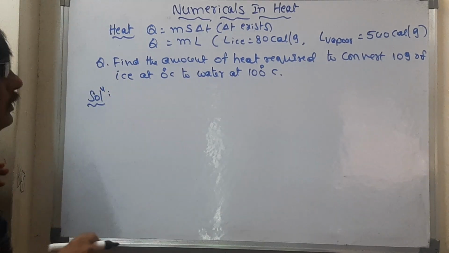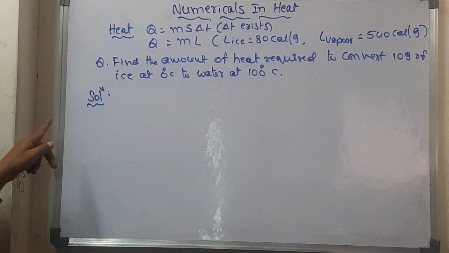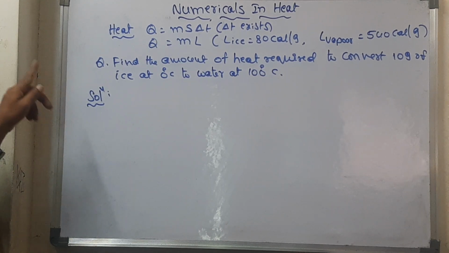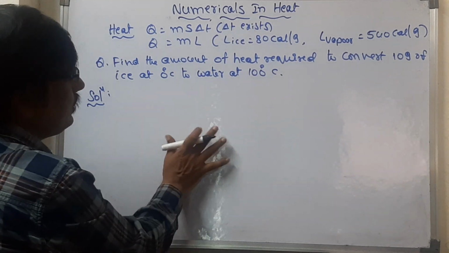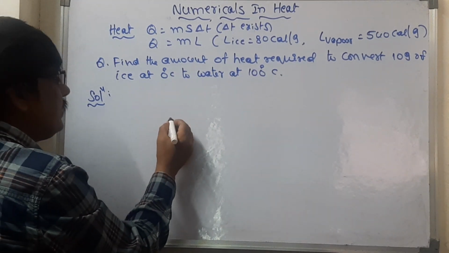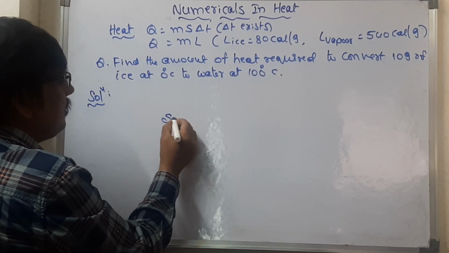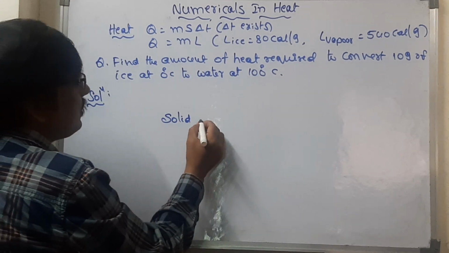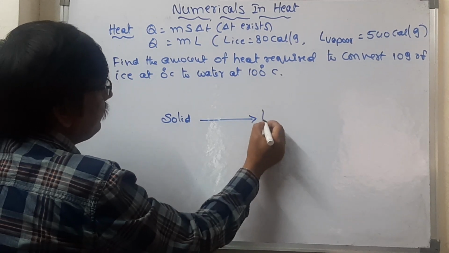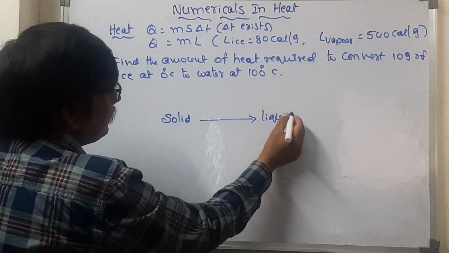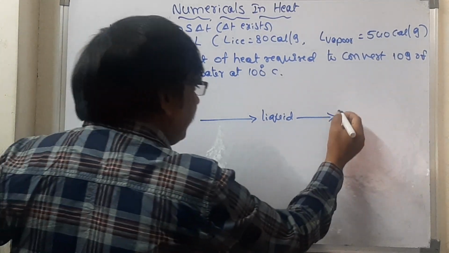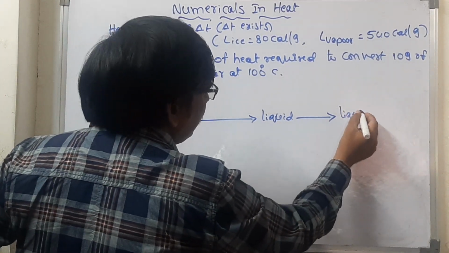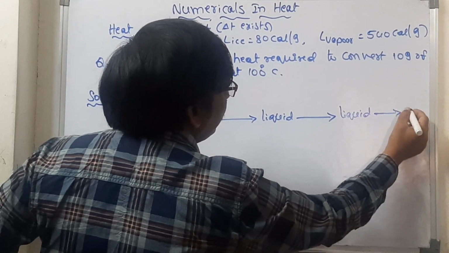Before solving all these numericals, here is a small analogy we will take, and you have to write it down. See here, first there will be solid. This solid will be converted into liquid. This liquid will be converted again into liquid, and this will be converted into gas.